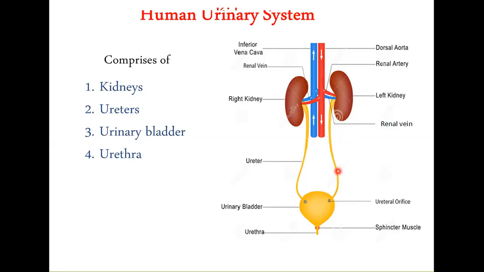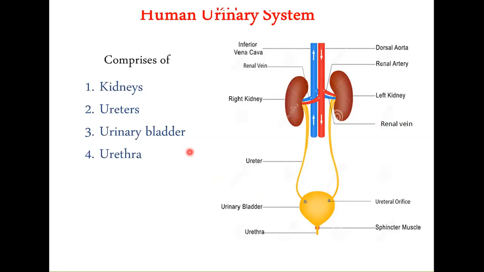Ureter from both kidneys extend down and open into urinary bladder. Urinary bladder open to the exterior through urethra. These are the four components of human urinary system. Now, we discuss all of these one by one.